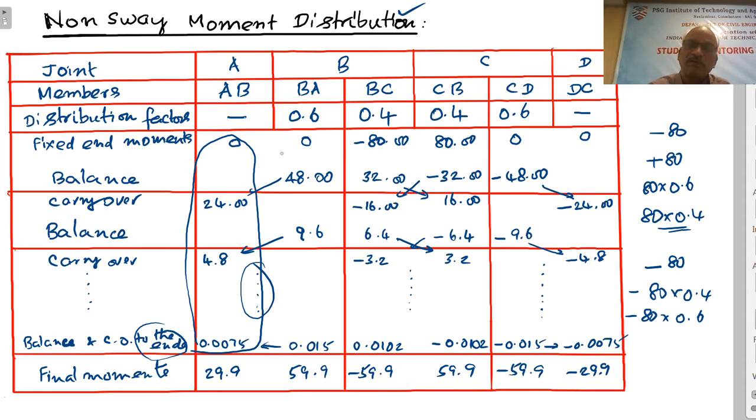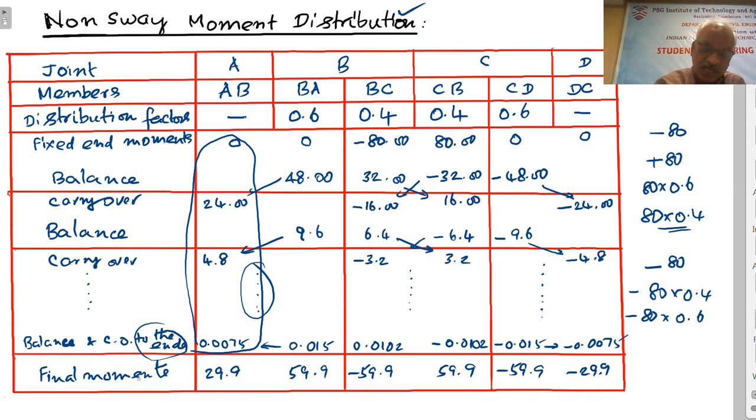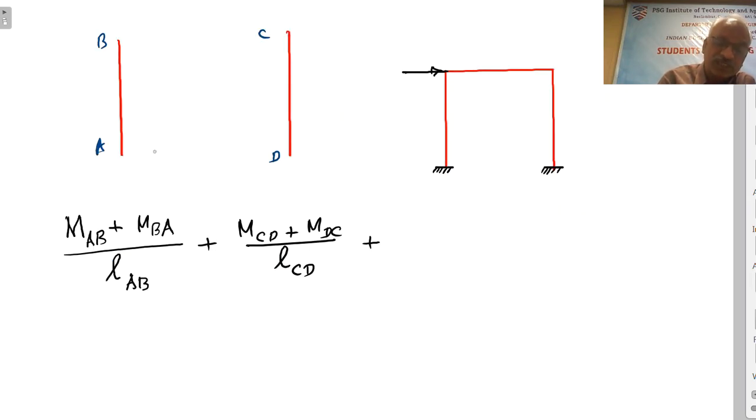Now we have to find out what is the force preventing the sway, right? That is the next step, for which we have to carry out the shear force calculations. Now here is the only difference. In the earlier problem, whatever is the moment MAB, suppose this is AB and this is CD, whatever is the moment in the last row of the table, we have marked it there, and we have found out the horizontal force.